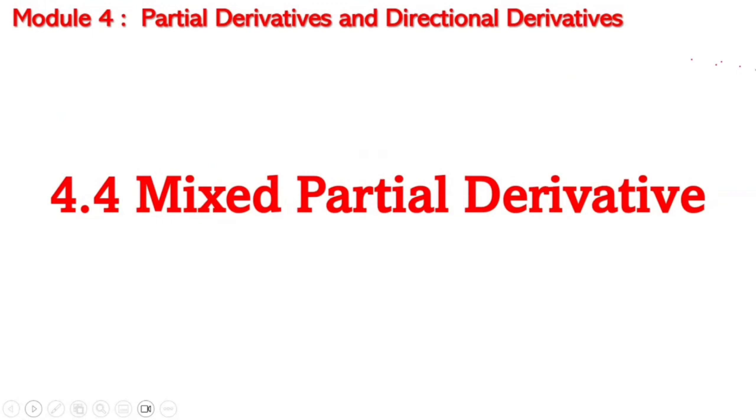Now we move to the next topic, section 4.4, which is the mixed partial derivative. So far we have the partial derivatives del f / del x, del f / del y for a two-variable function, and the second-order partial derivatives del^2 f / del x^2, del^2 f / del y^2.